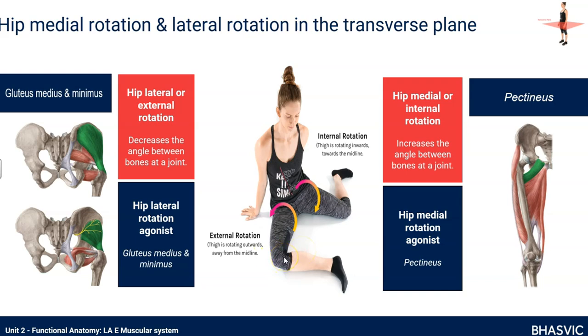Now, a bit like your shoulder, your hip, or specifically your femur, can also rotate. Your femur rotates longitudinally in the hip socket, in the pelvic socket. This person, to get into this position, has externally or laterally rotated this leg, but has internally or medially rotated this leg.